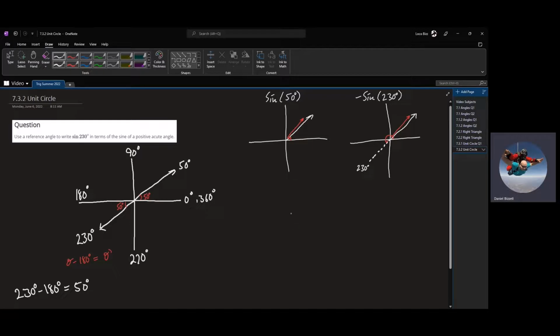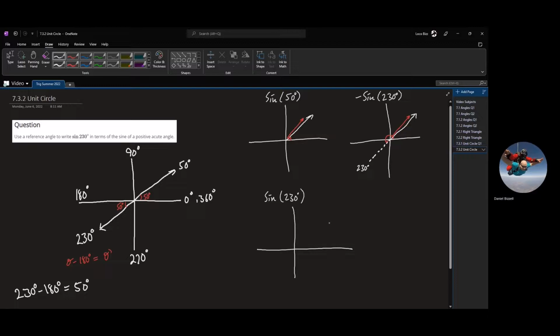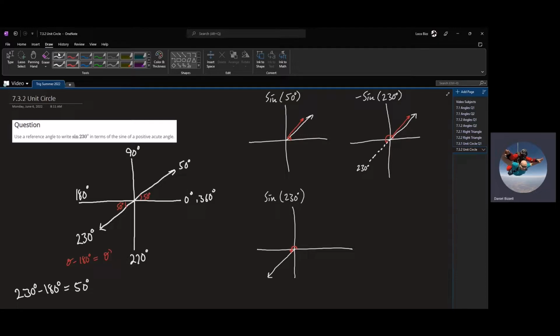So this question is asking us to do the exact same thing. There's another way we could write this angle and get the exact same thing. So sine of 230 degrees would be this angle here, where we use theta to tell us to look at 230 degrees.